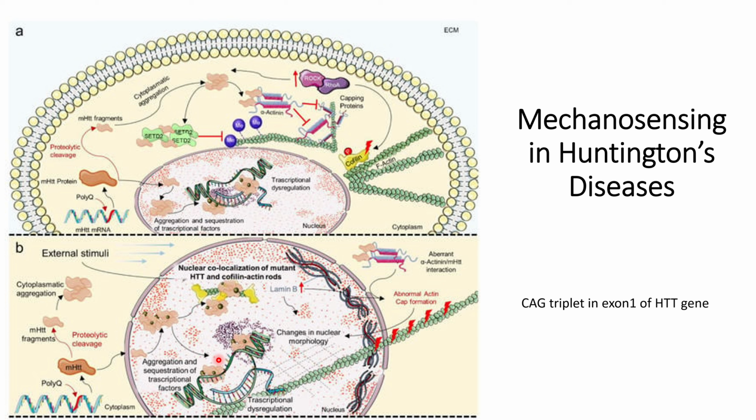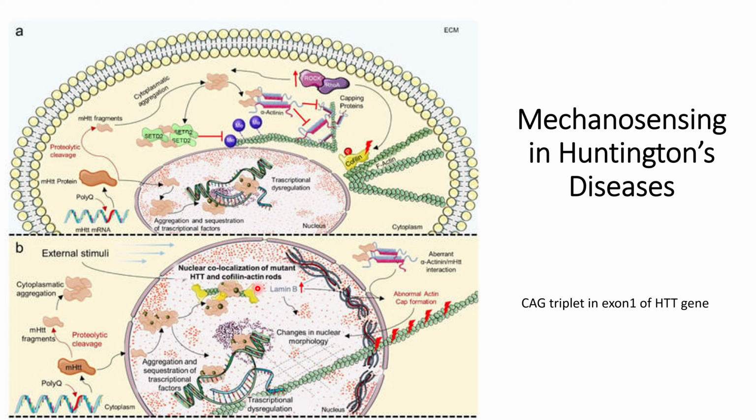In this case, similarly, the transcription dysregulation occurs in almost the same way as mentioned in model A, that is, the mutated HTT will form cytoplasmic aggregations, and this mutated HTT will also co-localize within the nucleus and help in the upregulation of lamin B and also change the nuclear morphology.